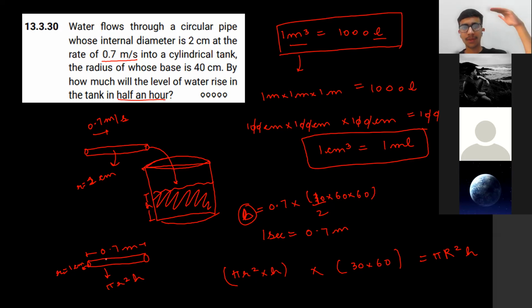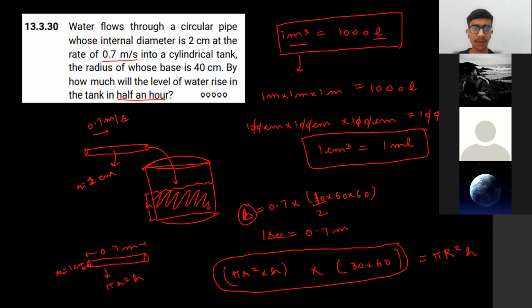From the pipe, the water is going to the cylindrical tank. So first we calculated कि उस cylindrical pipe में से how much amount of water is flowing. Okay. So जितना water इस pipe से flow होगा, all that water is going into the cylindrical tank. So volume of water हमने निकाल लिया जो half an hour में flow हो रहा है, and that particular amount of water is equal to the volume of the cylindrical tank.